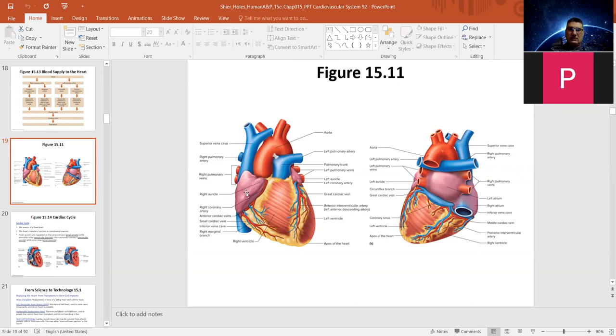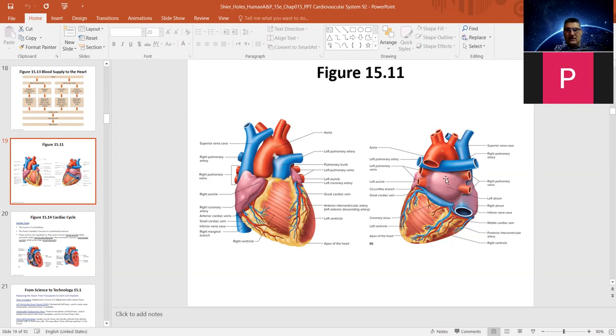Look at this. This is not the right atrium. This is a pouch from the right atrium that's called the right auricle. You see this purple part here? This is an auricle, shaped like your outer ears, coming from the left atrium. So the left atrium has a left auricle pouching from it, and the right atrium has another auricle.